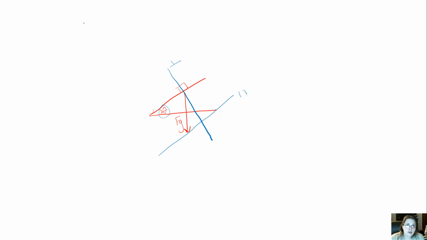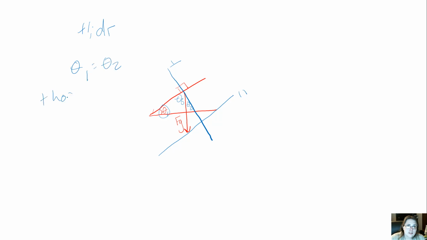So for the next part, this is too long, didn't read. The short answer is this is theta 1, this is theta 3, this is theta 2. Theta 1 is equal to theta 2.